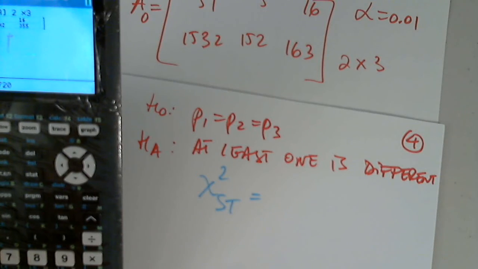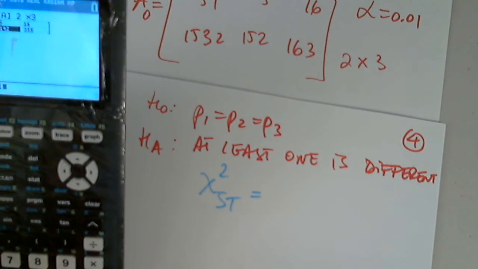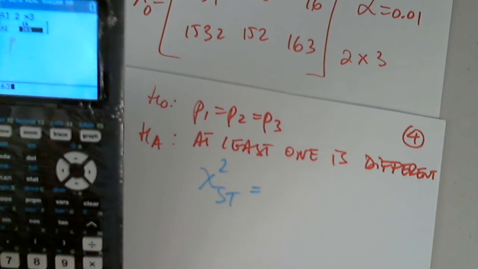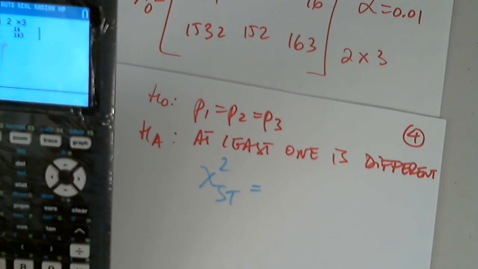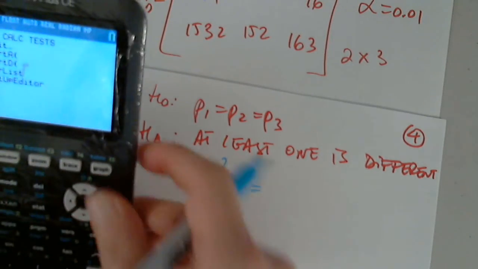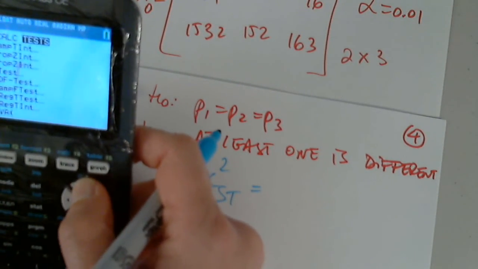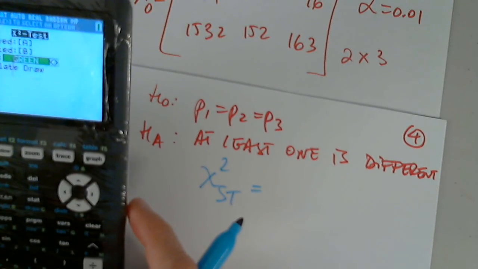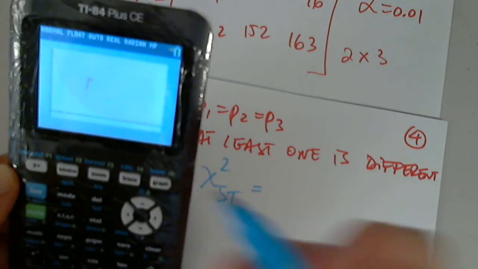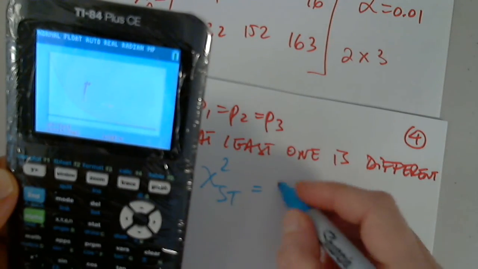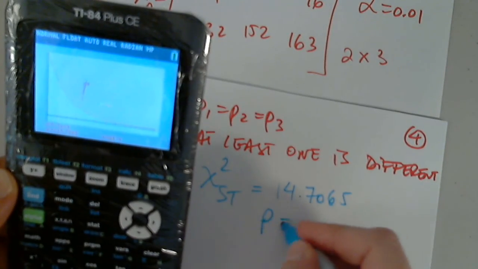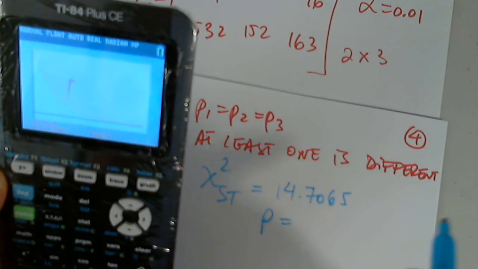This is not the first time this happens to me. I don't know why it does that. Maybe just my calculator does that. Maybe the older ones do not do that. Okay, so I conduct a test. And now it's in A, and it's okay. So the chi-squared statistic, okay, I see it. It's 14.7065, and the p-value 6 times 10 to negative 4.